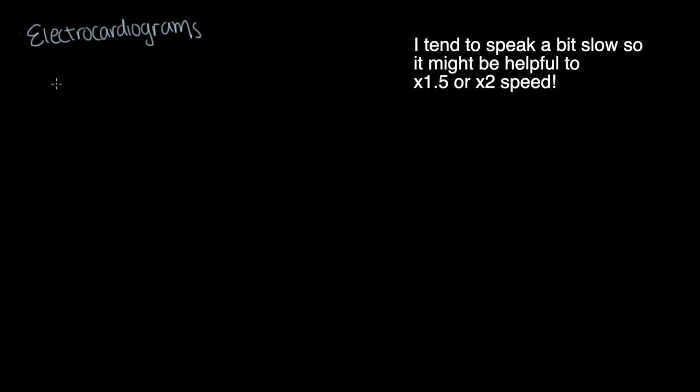So we're going to go over three things overall, starting with what the heck is an ECG even doing, right? And then that will feed into looking at each of the ECG leads.